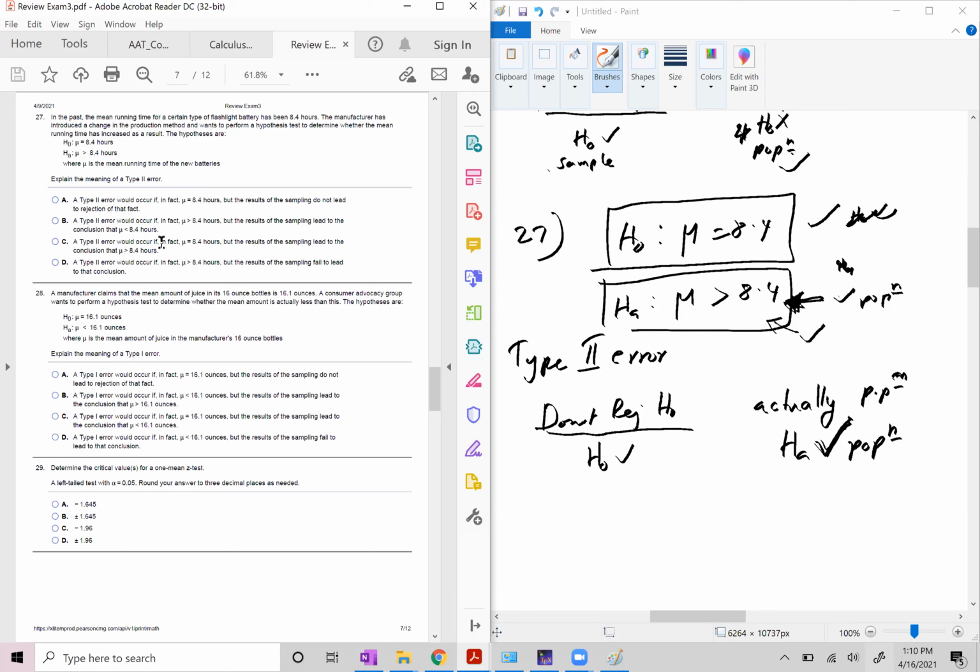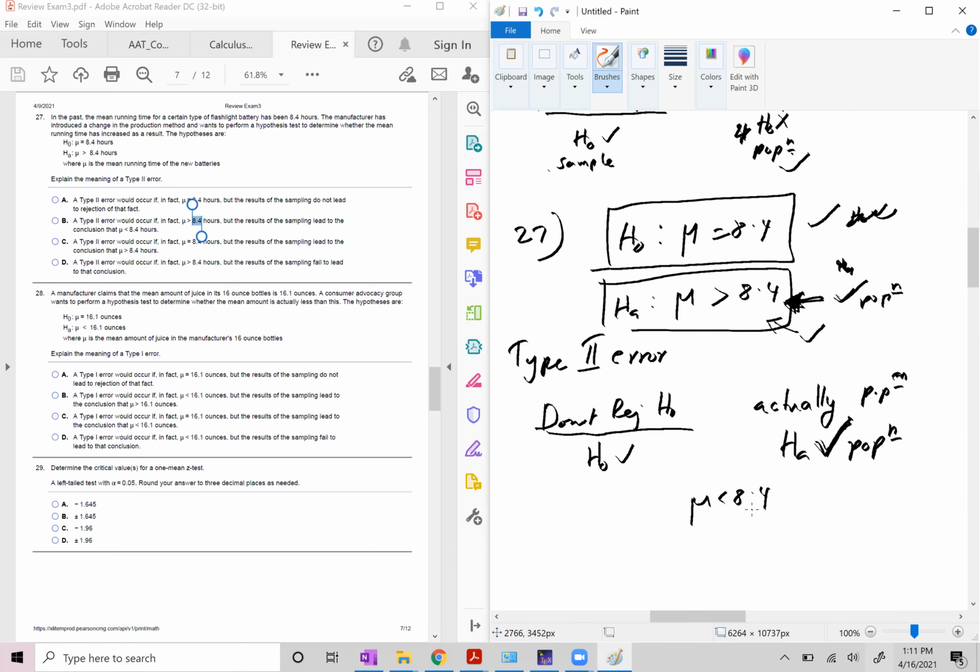You might think this is correct, because in the population you have mu greater than 8.4. Yes, type 2 error would occur if in fact mu is greater than 8.4 hours. But the results of the sampling lead to the conclusion that mu is less than 8.4.